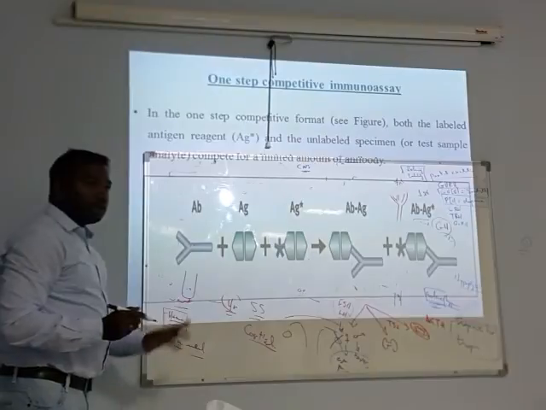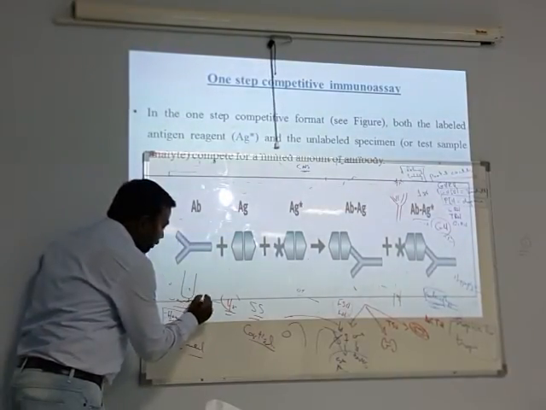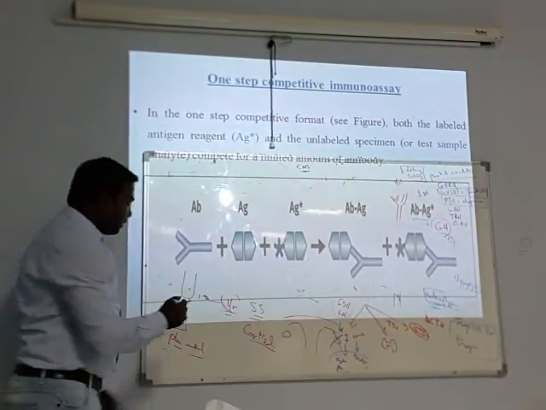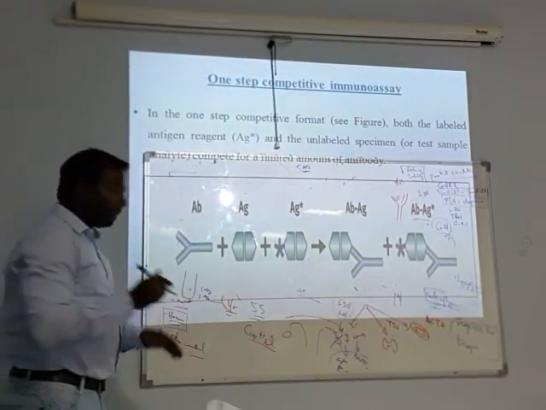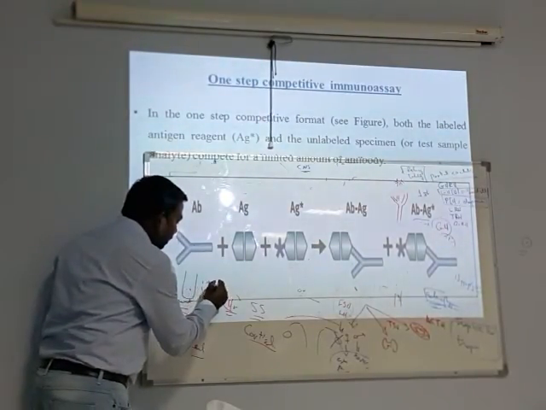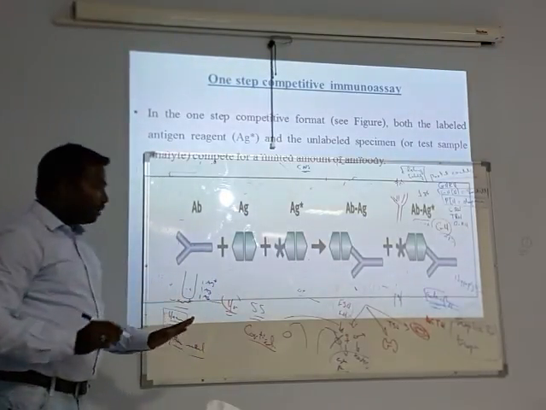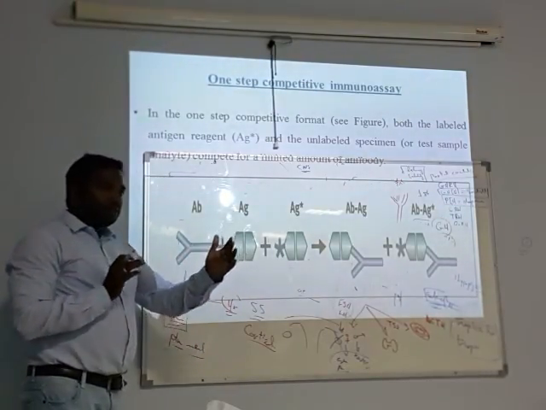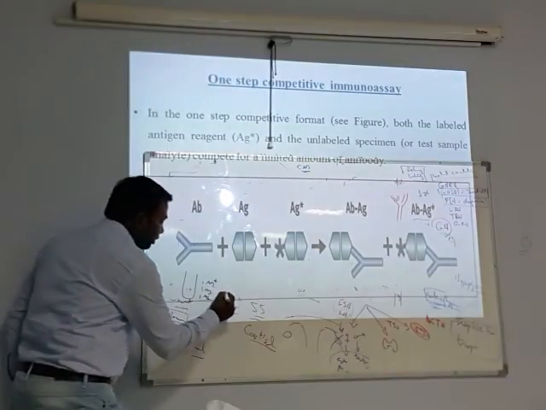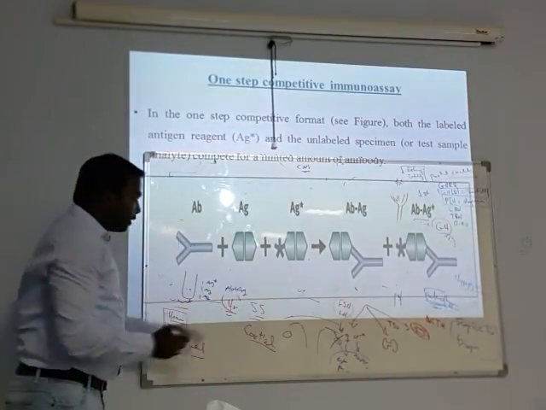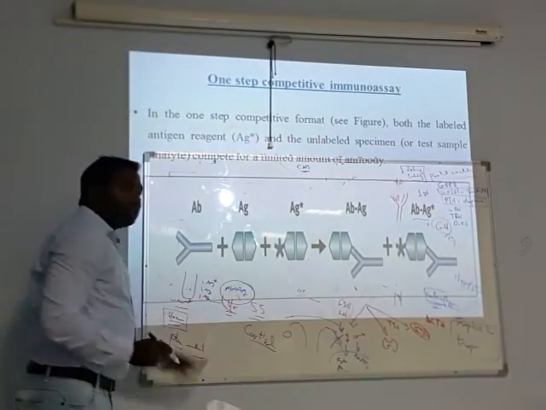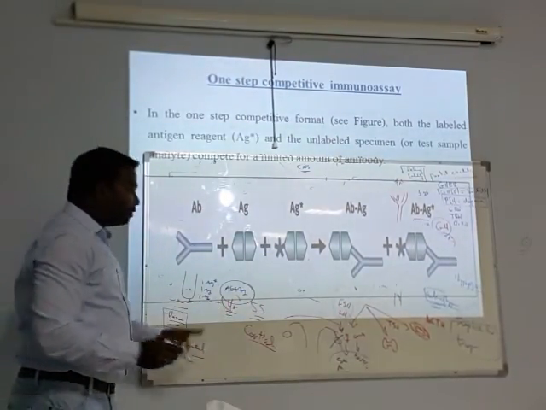Take the test tubes. It contains only one antibody, one antigen that is our sample, and one labeled antigen. After we perform the test, if there is a formation of antigen antibody complex, what does it mean?